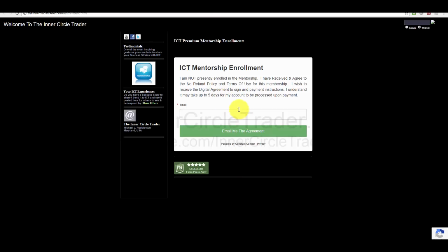When you click on this, when that opens up, you have to put your email address here. If it doesn't say this portion here, if you are not presently enrolled in mentorship, you didn't give me the okay to send you the documentation that would be required. And I'm waiting for about three-quarters of the people that signed up. I'm waiting for that number, and it's a rather large number. When that occurs, then and only then I'll reach out to everyone with one click, and you'll all have it.